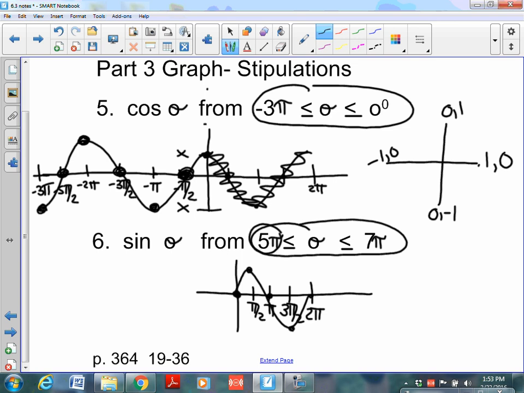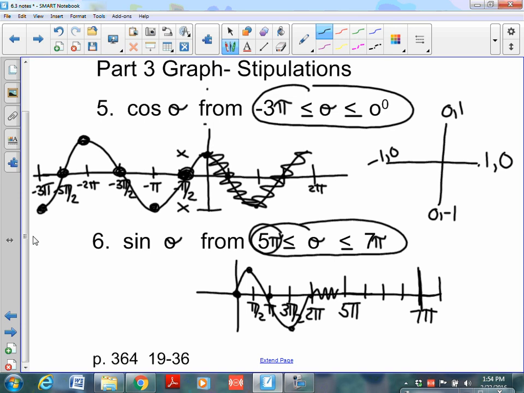Isn't 5 pi an odd number? So I'm just going to make a little line like that and say, here's my 5 pi. And then my 7 pi needs to have 1, 2, 3, 4, and then my 5th one. No, this is my 5th one. 7 pi.